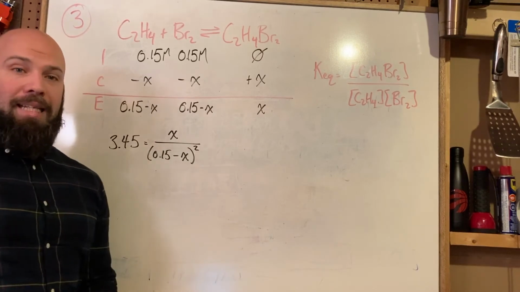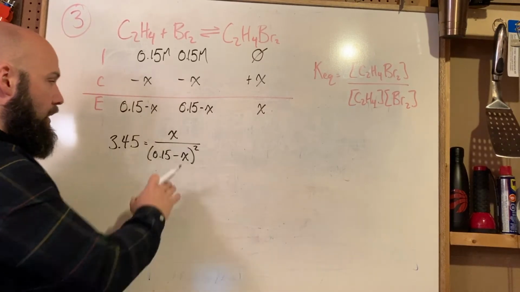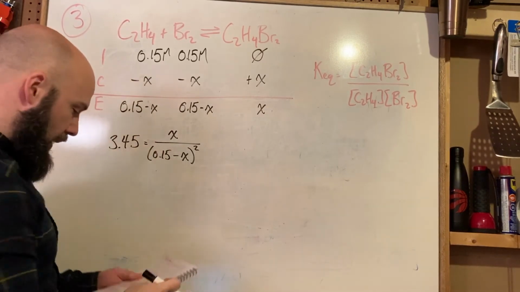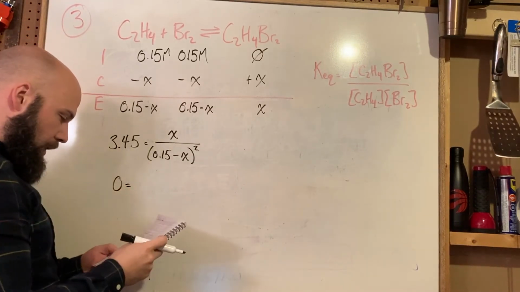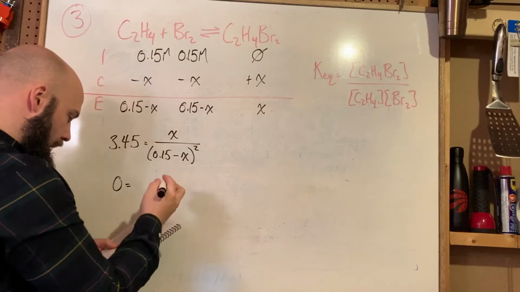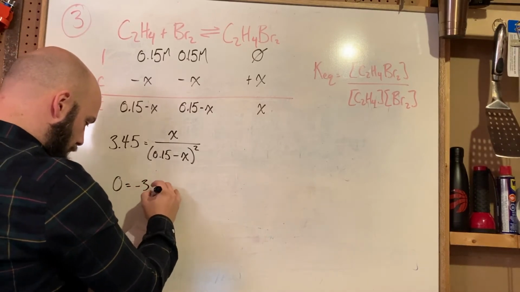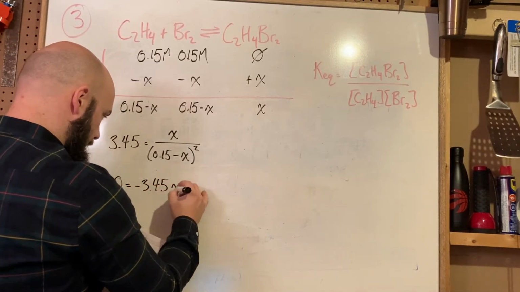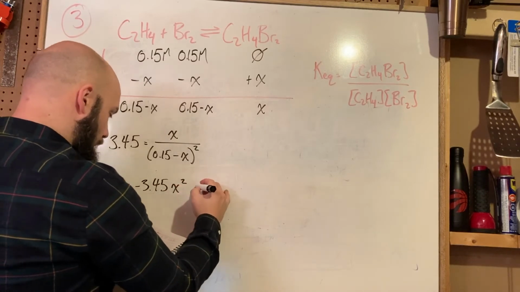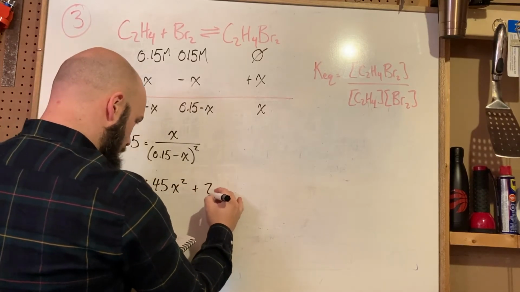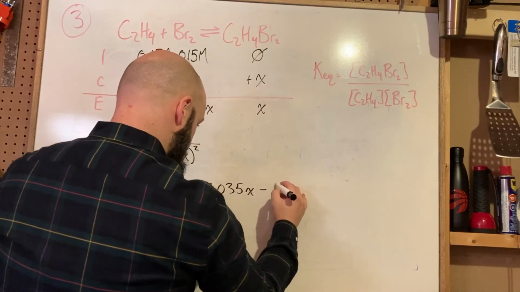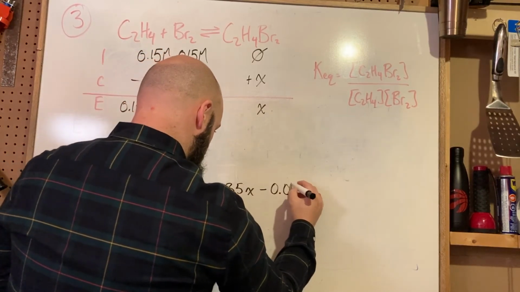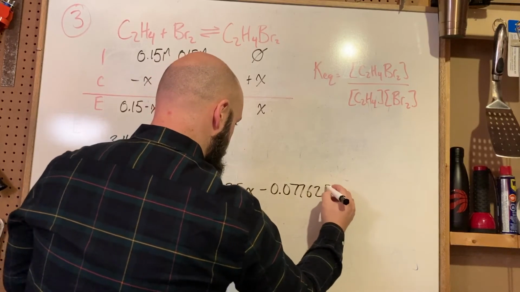This means we're going to need to use the quadratic formula to solve for x. And I've done that, so let me write the rearrangement here would be, you have negative 3.45 x squared plus 2.035x minus 0.077625.